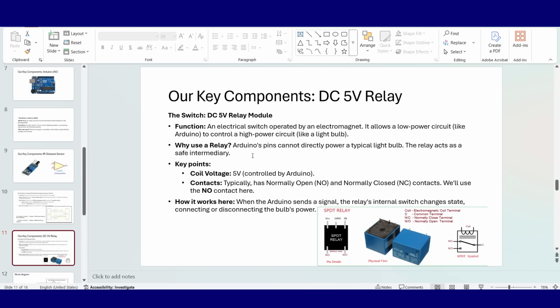For that, you require relays. The relay takes the input as DC and it will control the AC component. In our case, we have taken a bulb as our AC component. So what does this relay contain? It contains a 5 volt coil voltage and typically two types of contacts.